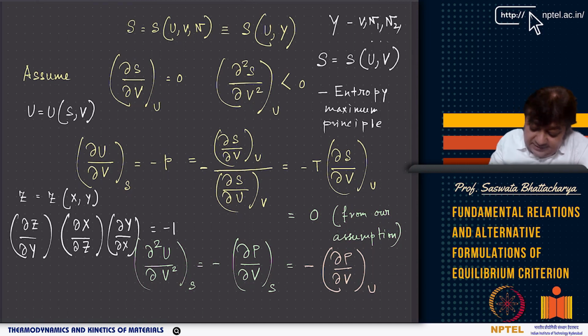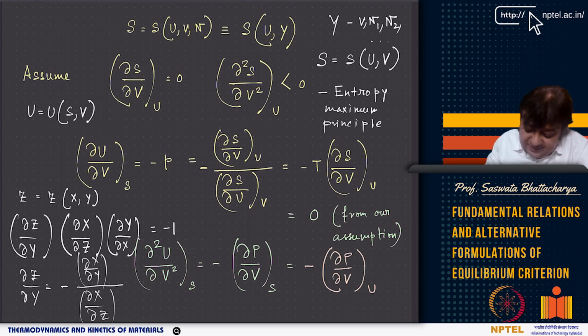If we use that, then ∂Z/∂Y is nothing but minus of, if you see, now both terms go up, so you have here ∂X/∂Z, and this is ∂Y/∂X below, so this becomes ∂X/∂Y.